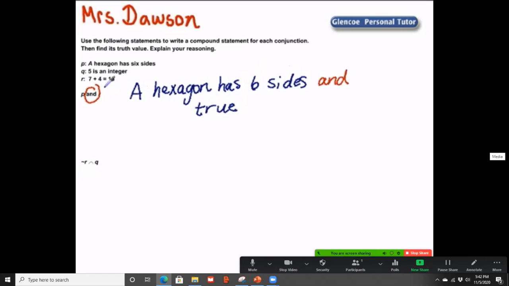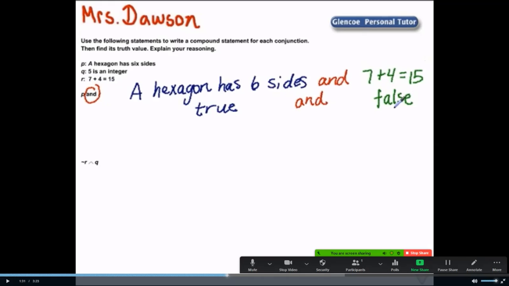P and R. The statement for R is 7 plus 4 equals 15. However, this statement is false. So we have a true statement and a false statement. Remember that for a conjunction, it's only going to be true if both statements are true.